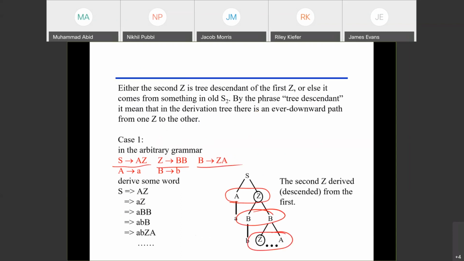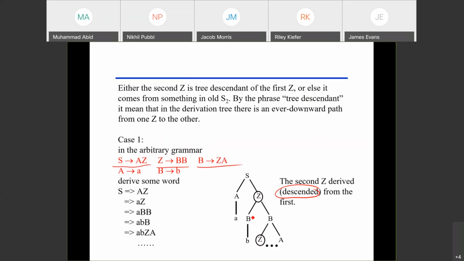Now if you see here, in this chain, this Z and this Z are called descendants of each other, because if you follow bottom up parsing and you start from this Z, you can reach here. This is a new concept. How do we find descendants of each other? It means you have two nodes which are the same and you can reach one from the other.